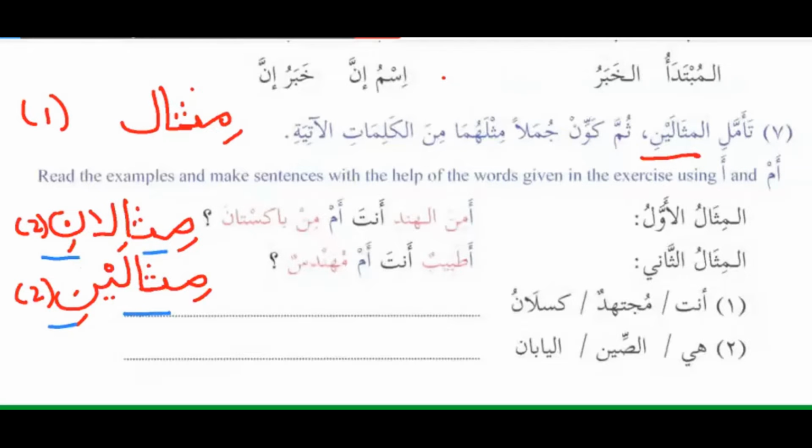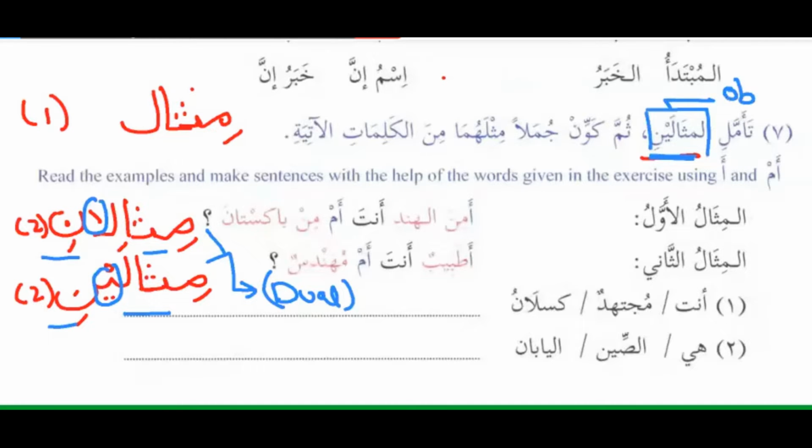It means two. The issue here is that here you can see it's alif and here it's ya. So both of them come to a common point, that means dual. But here in misalaini, it comes as an object.